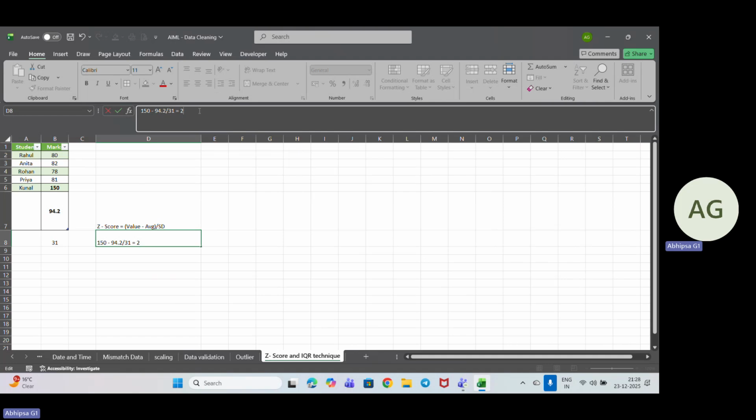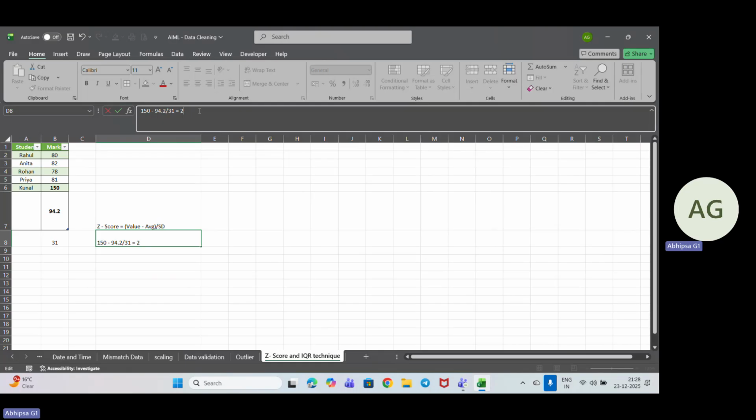So Z score meaning: if the value that we are getting is between -2 and +2, that would be normal. If it is less than -3 or greater than +3, that would be considered an outlier. Okay, so that is the rule that we have for Z score.